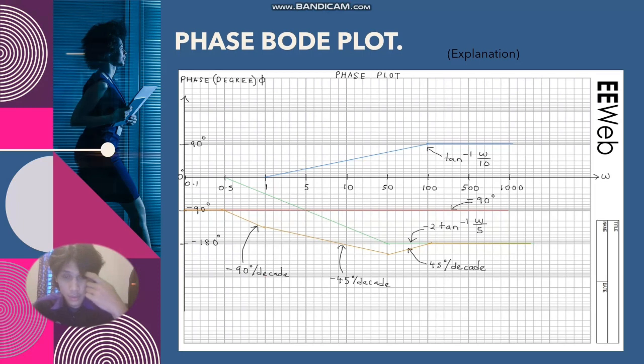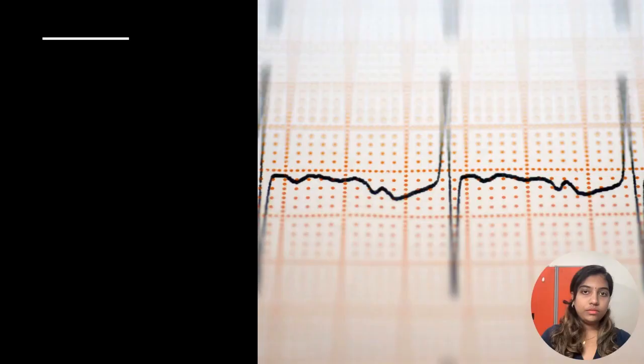So when you see the orange line, first we see the negative 90 per decade, and then we move forward to negative 45 per decade, and then we move a little bit up to 45 per decade. So that means that's the perfect phase plot that we can investigate after we do all the explanation. So that's all for me.